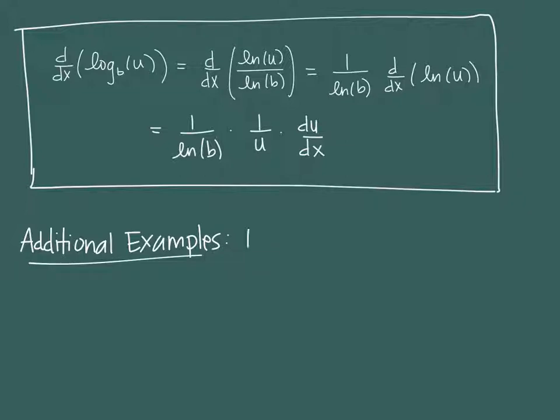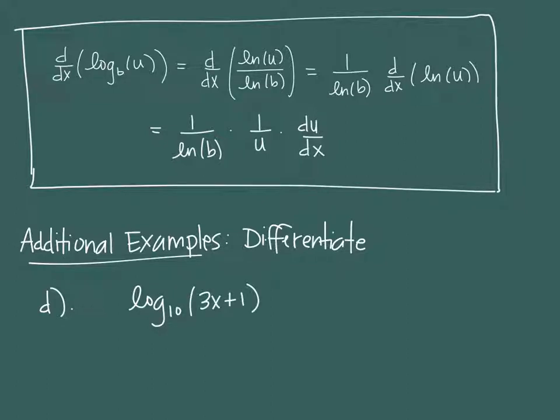Where we're asked to differentiate. And so this will be example D. If we want to do the log base 10 of 3x plus 1, and we want to find the derivative of that.